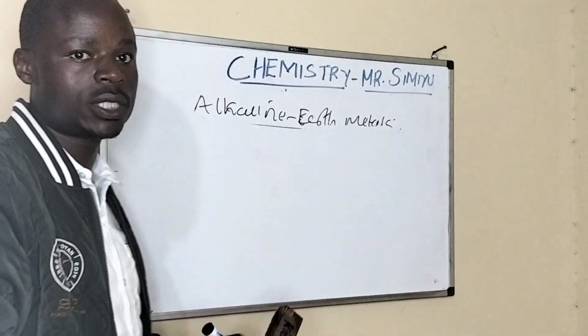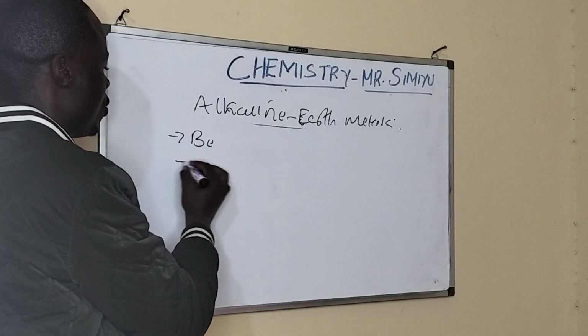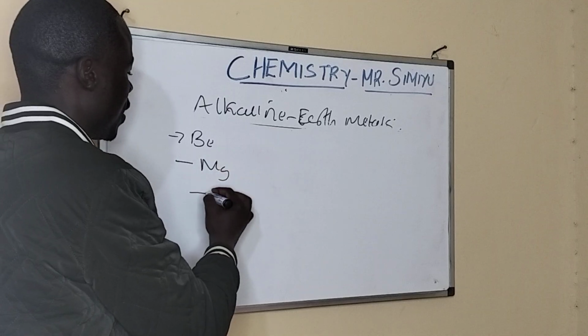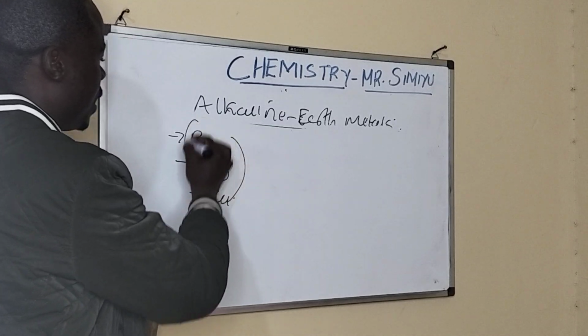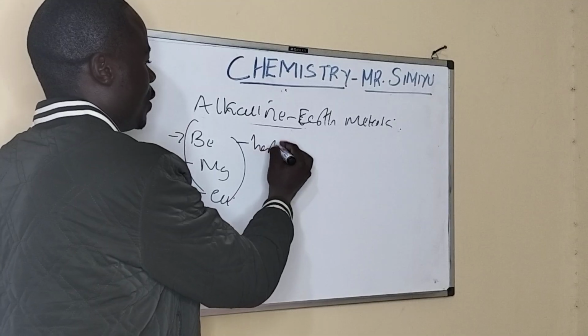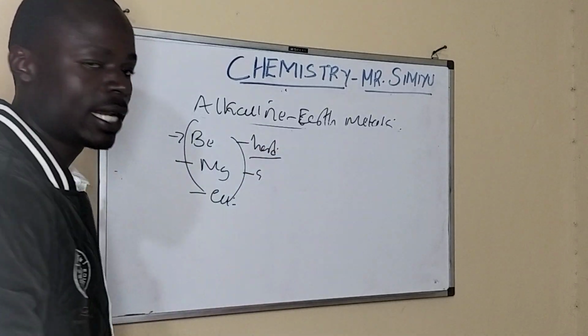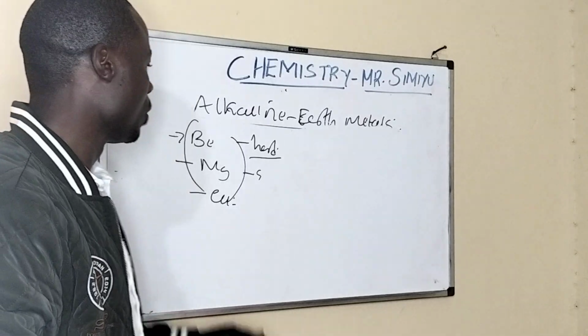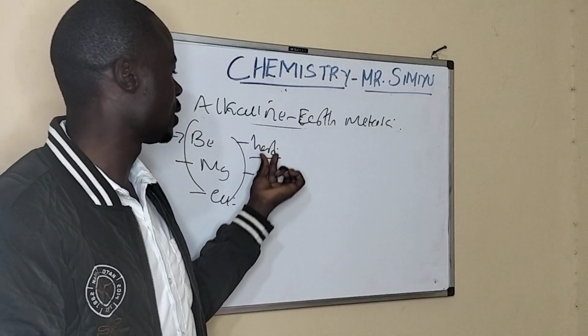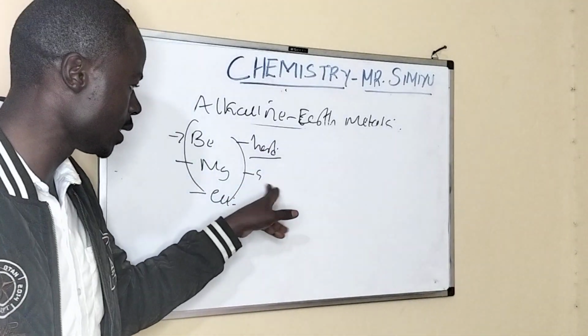You will find that beryllium is somewhat hard, magnesium is soft, and calcium is in powder form. We will look at why this trend behaves like this. Why this is hard, this moderately less hard, and this one is powder form.